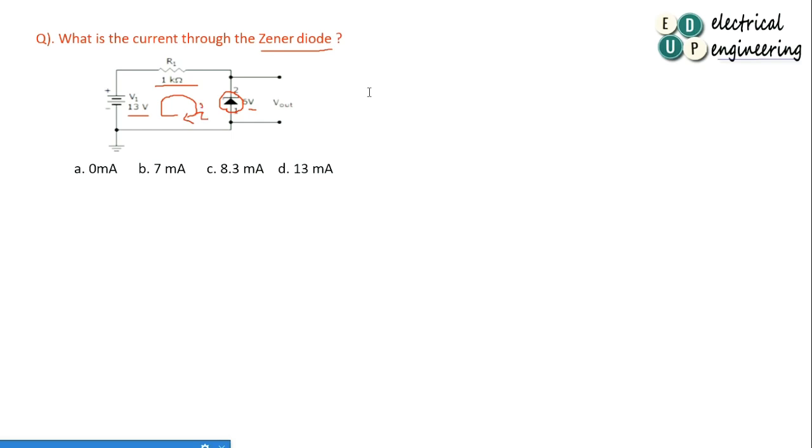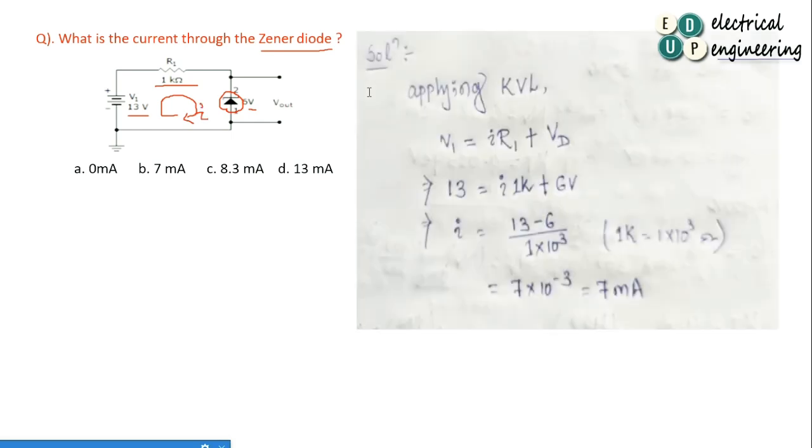Applying KVL in this circuit, the equation is V1 is equal to I R1 plus VD, where VD is the Zener diode voltage. V1 is 13, which is equal to I into 1 kilo ohm plus 6 volt.